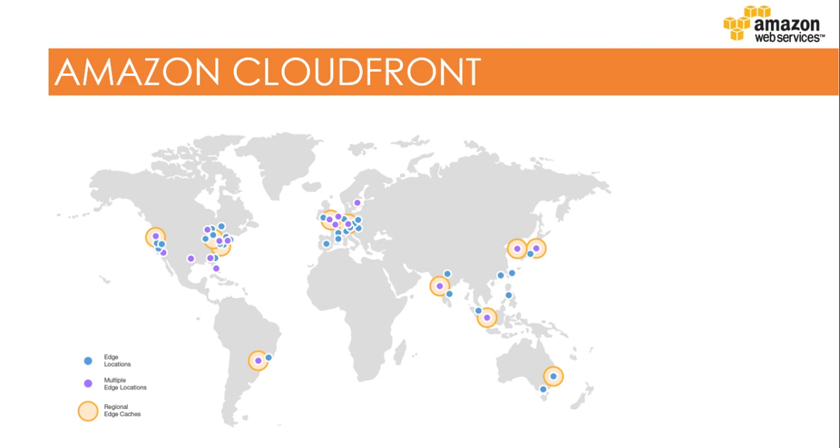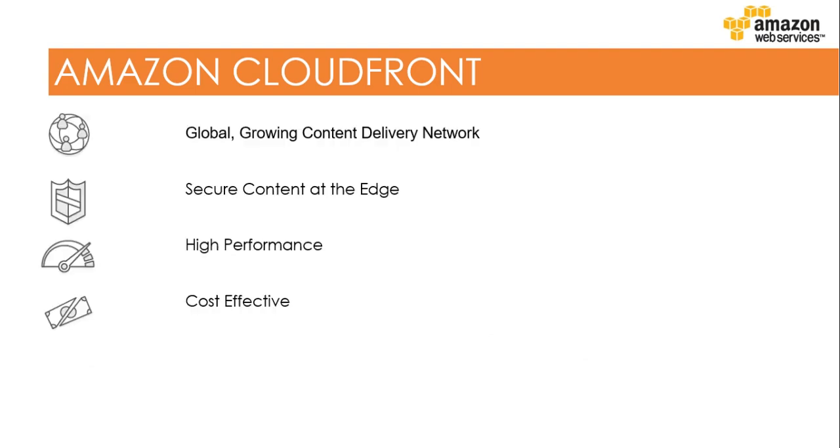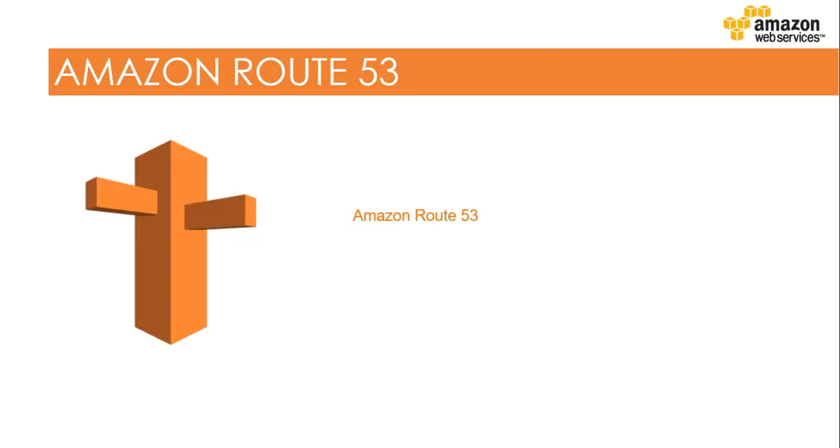CloudFront integrates with AWS, including physical locations directly connected to the AWS global infrastructure, as well as software that works seamlessly with services including AWS Shield for DDoS mitigation, Amazon S3, Elastic Load Balancer, and so on. CloudFront is a globally growing content delivery network with secure content at edge locations, high performance, and cost effectiveness.